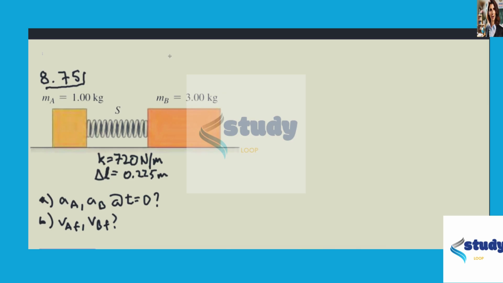So first, let's consider the conservation of momentum. Also notice that mb is equal to 3ma. That's going to be important. Since everything is at rest to begin with, there's no momentum.